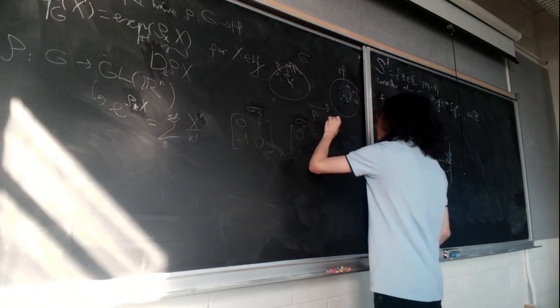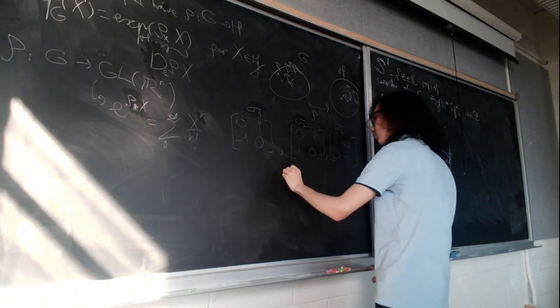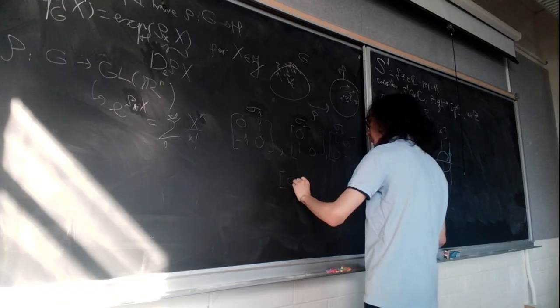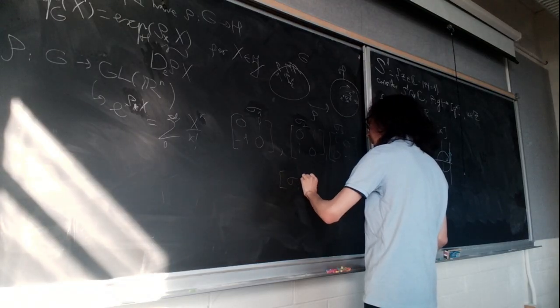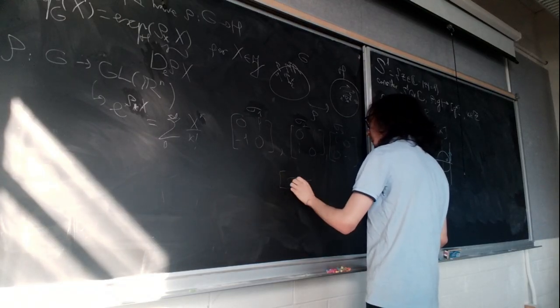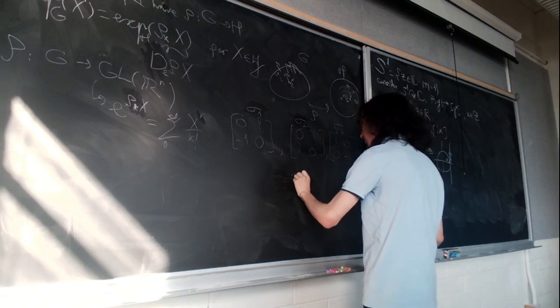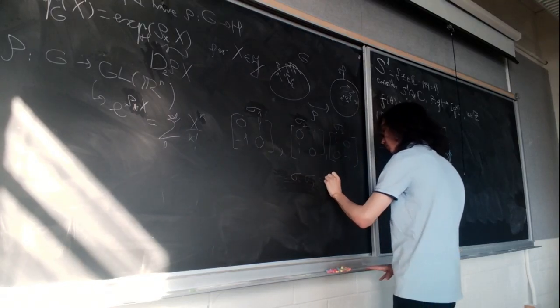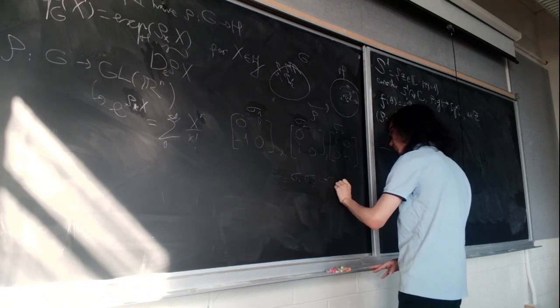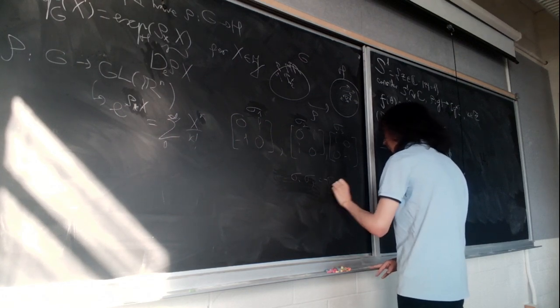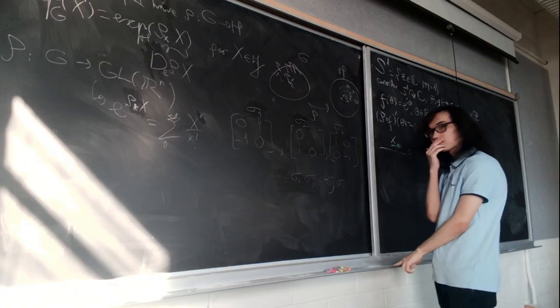If you take any two of these matrices, they always anti-commute, for i not equal to k.